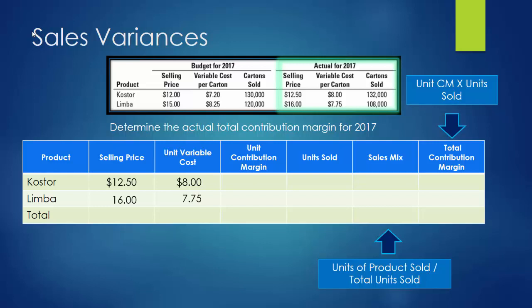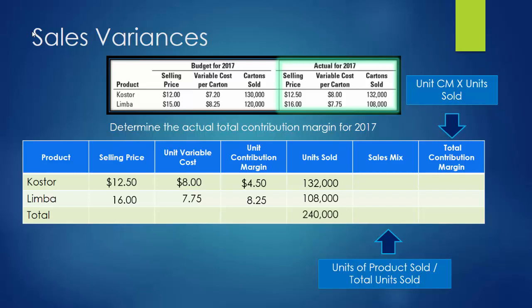Meaning that our actual contribution margin for each carton of Costor that we sold was $4.50, and for each carton of Limba that we sold was $8.25. Our actual sales: we sold 132,000 cartons of Costor, and we sold 108,000 cartons of Limba. So in total, we sold 240,000 cartons during the period.